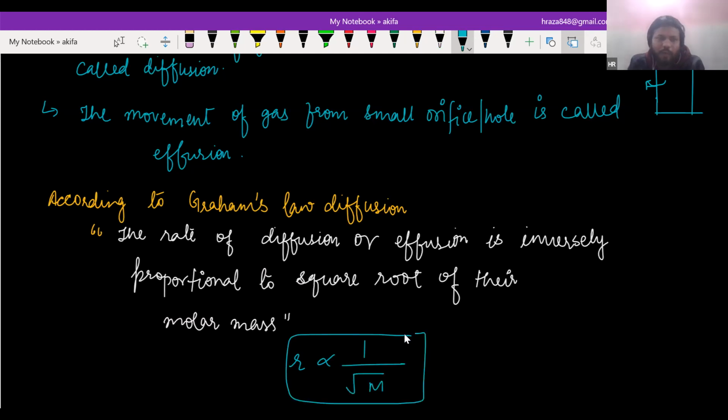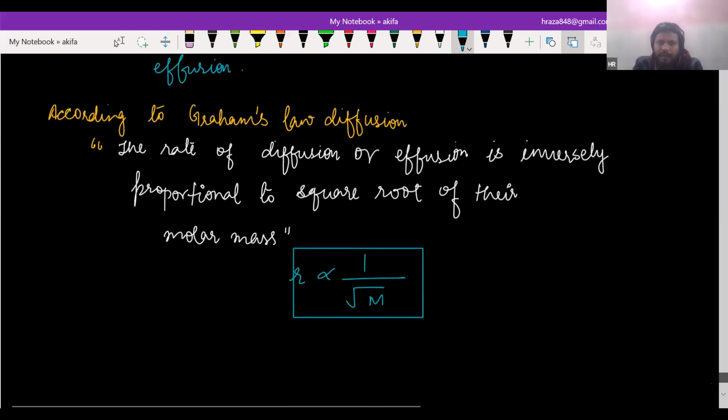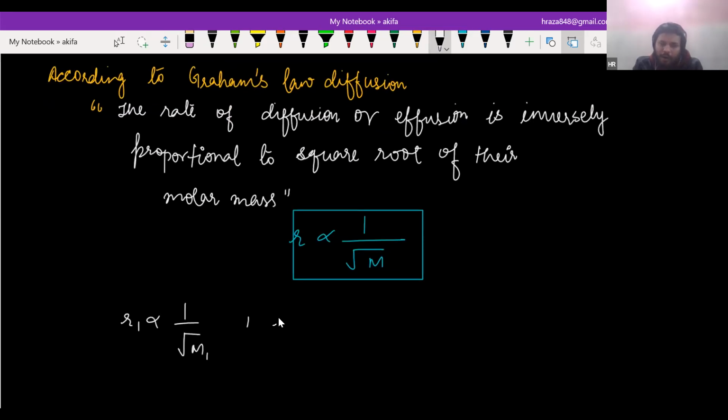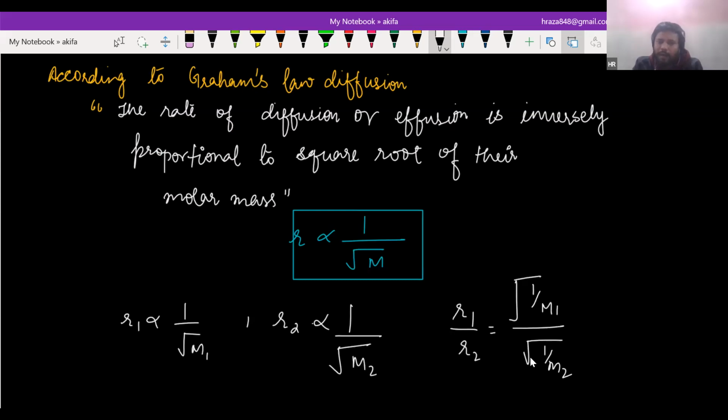So if we have two gases, suppose there are two rates, R1 is inversely proportional to under root of M1 and R2 is inversely proportional to under root of M2. If we take the ratio R1 by R2, it will be under root of 1 upon M1 and under root of 1 upon M2.